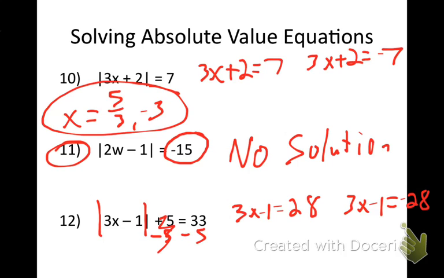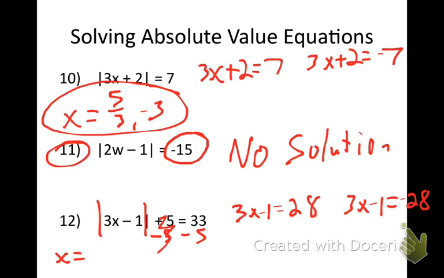Number 12, what were the answers to 12? Reagan, do you have them? 13 and negative 9. Is that wrong? I don't think it's 13, is it? Did you subtract the 5 first? Or did you put your two equations first? Yeah.